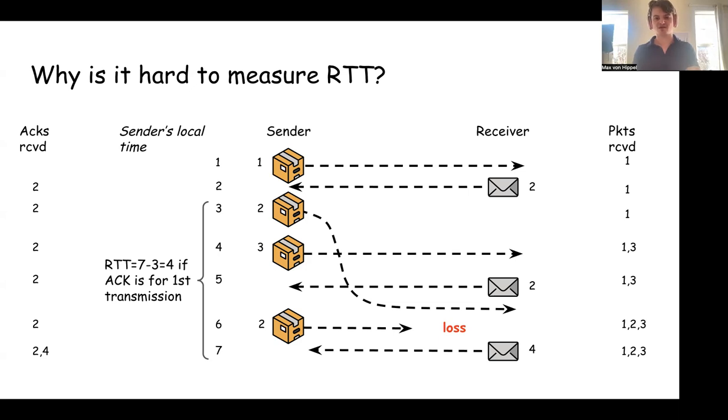And in that case, the correct round trip time would be 7 minus 3 equals 4. So the sender doesn't have access to enough information about the global state, and cannot have access to that information, to be able to derive the true round trip time, which means that measuring round trip times from the sender's perspective is an underspecified problem. It doesn't have enough information to do so unambiguously.